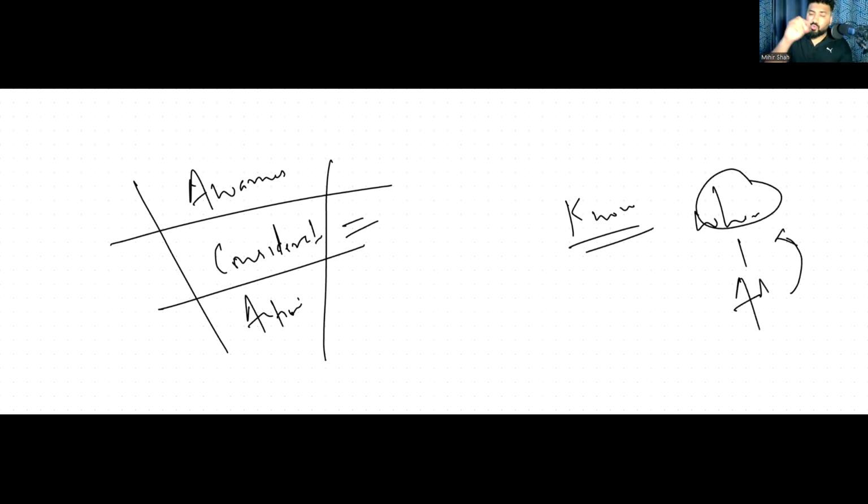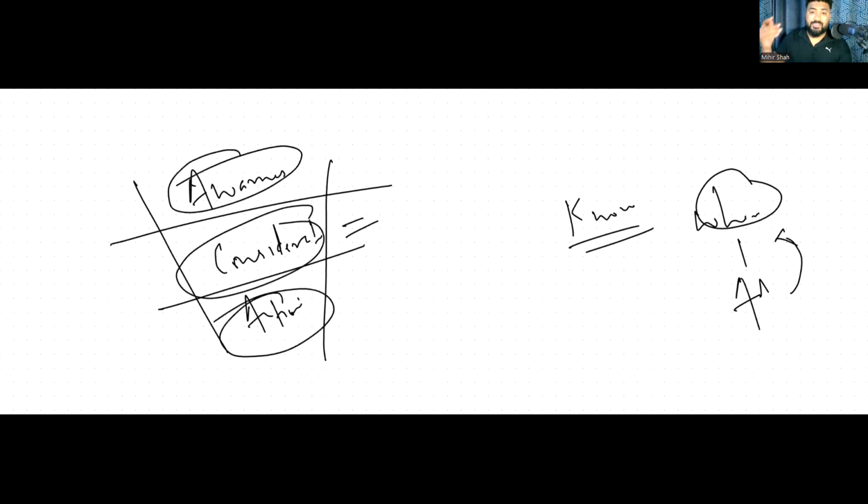However, Google Ads is one of those platforms which helps you not just in the consideration stage, but also in the awareness and the action stage. That's why it's called a full funnel platform, where it caters from awareness to consideration to action. And this is where Google Display fits in.